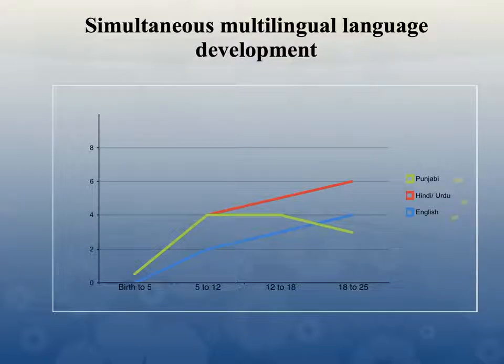You can see that from birth to 5, there was actually exposure to all of these languages. Over time, though, the line for Hindi or Urdu has increased and become the dominant language. English has continued to develop. Punjabi started to hold steady at one age, but then has started to decrease over time.